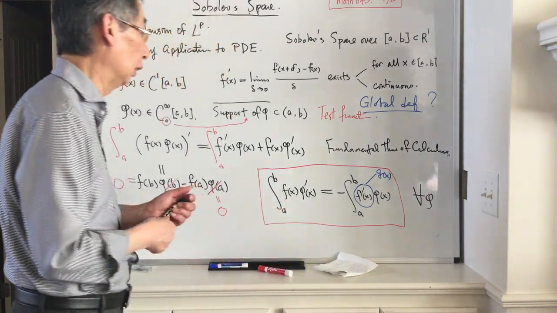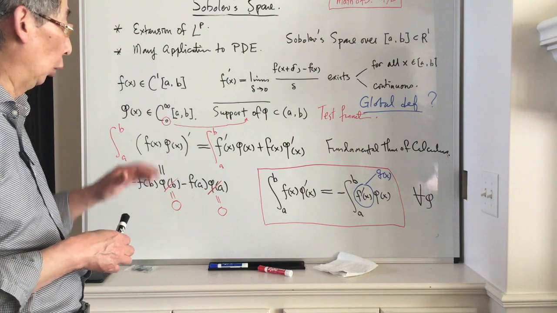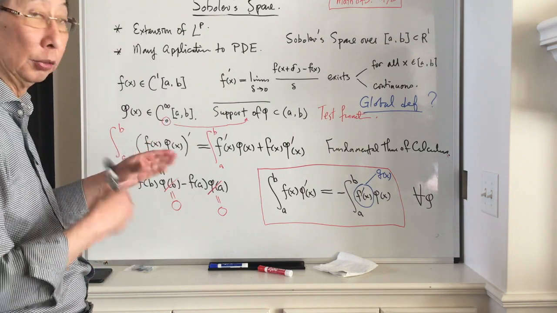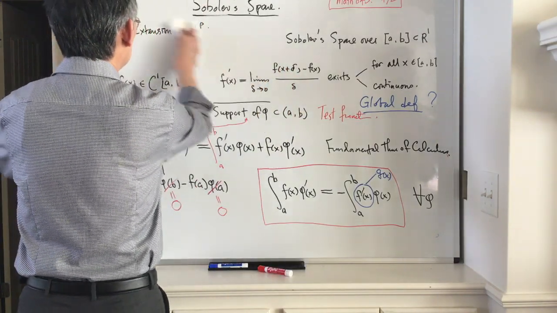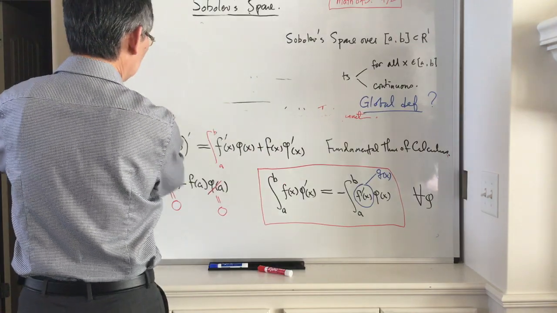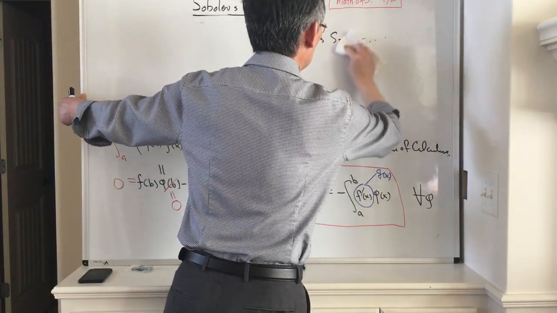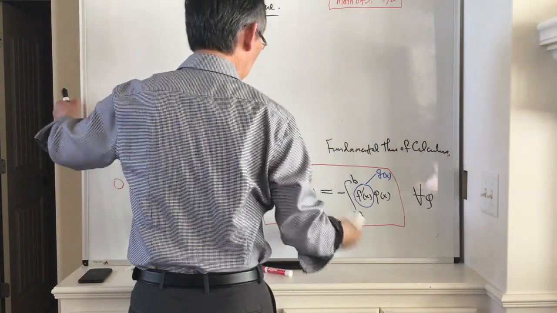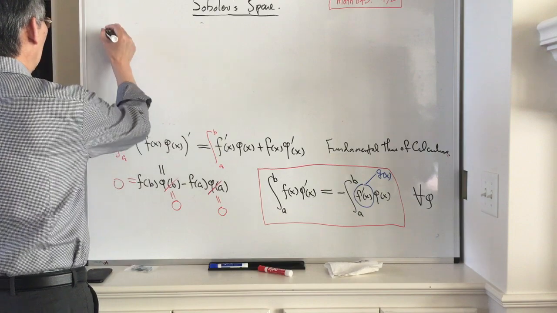However, here we have justified it. So I'm going to write the global definition of the derivative first, and then I'm going to justify it. So let's remove this and put a new definition here.